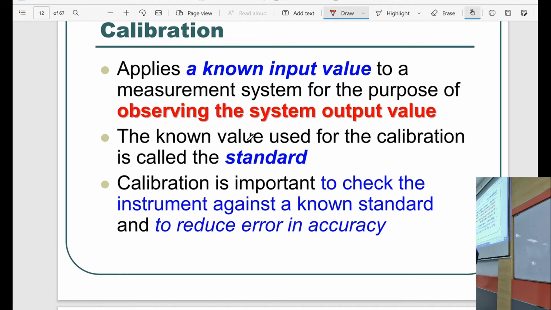But the ADAS system must be calibrated all the time. Make sure that it is measuring the correct distance between the rear sensors of your car and the actual object behind your car. So that calibration value depends on the measurement. If you fail to do calibration, your measurement is incorrect, not accurate.